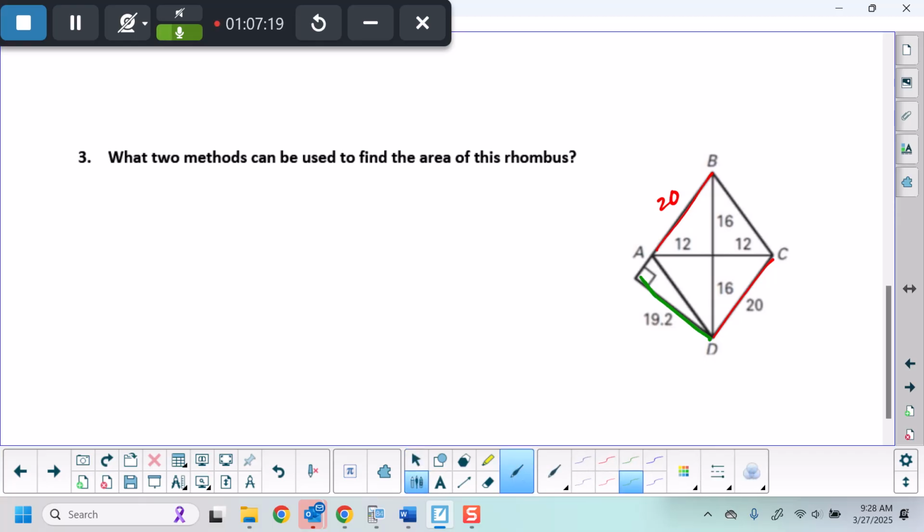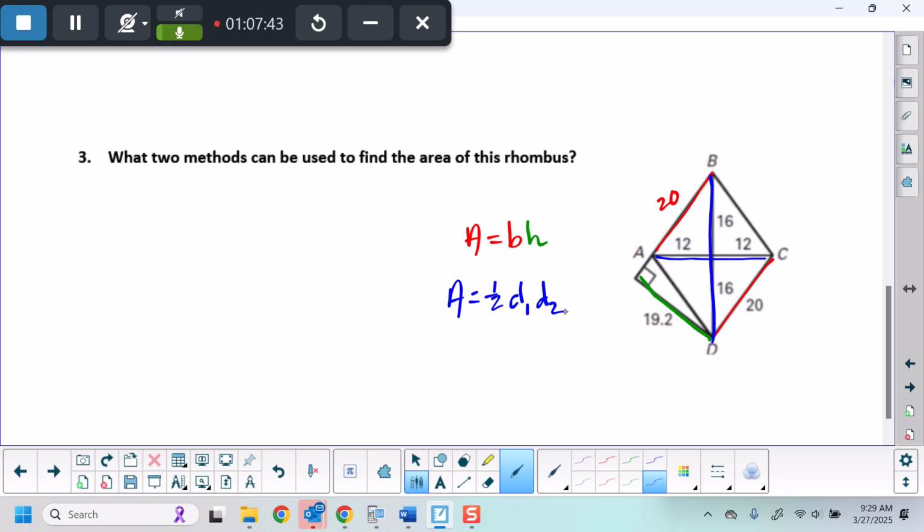So if I wanted to do the fact that this area is equal to that base times that height, I could absolutely do that. Instead, if I wanted to look at the diagonals and say my area is equal to 1/2 of the product of each of those diagonals, either way, I'm going to get the same answer.